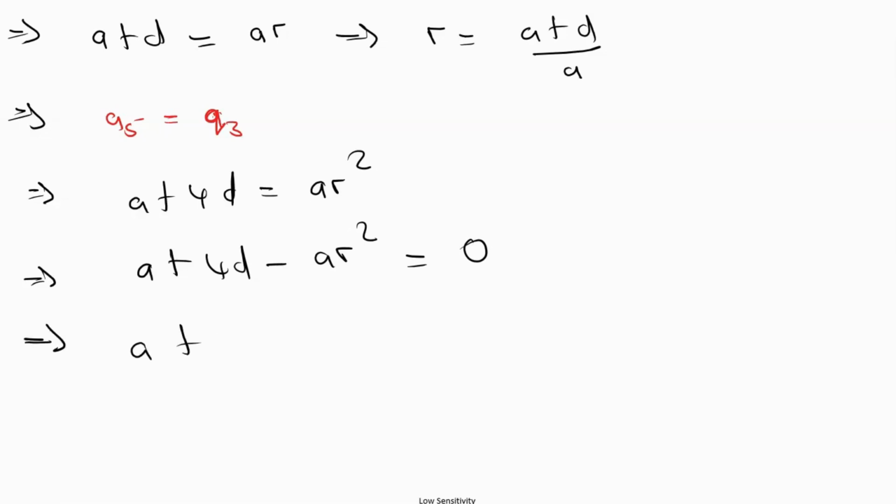And so a plus 4d minus a times r squared, but we know what r is, which is (a plus d) over a.